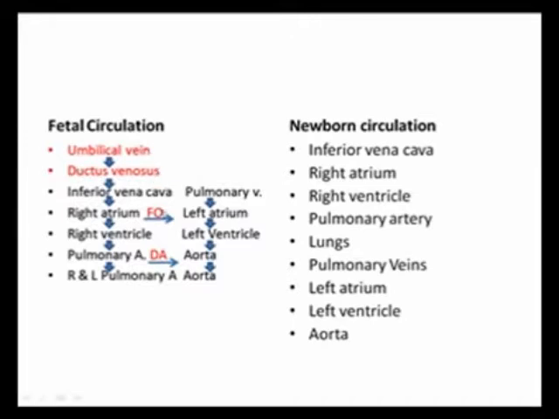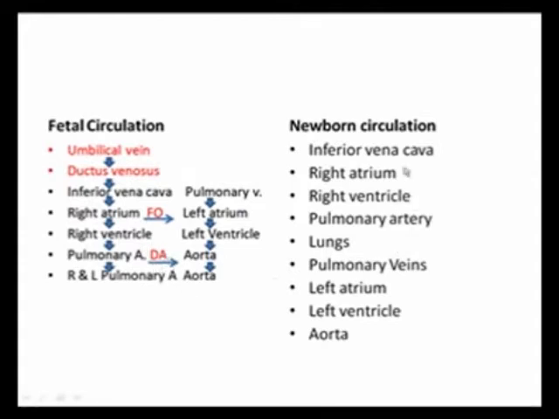In addition to that, we're going to have the closure of the fossa ovalis, and that occurs as the left atrial pressure increases, supersedes the right atrial pressure, and fossa ovalis is closed off. Finally, as the blood supply now changes and the right side of the heart is supplying the lungs now, and there's more blood than that needed to go to the lungs, the ductus arteriosus is going to have to close off.